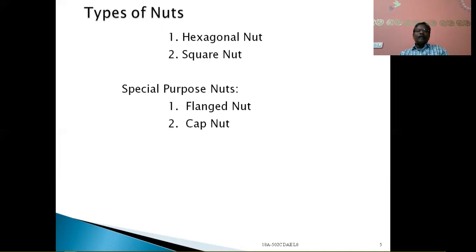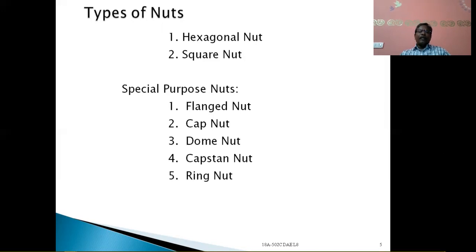Similarly, there is the cap nut, dome nut, capstan nut, ring nut, which is generally used in stoves, etc., and wing nut. We use these in many other cases.